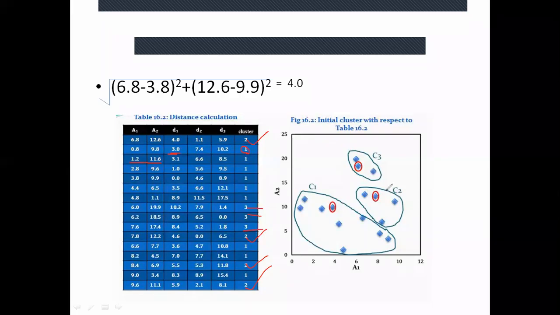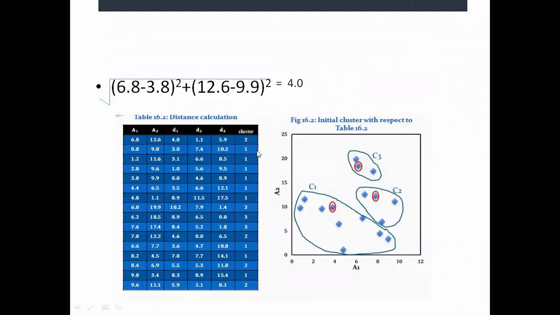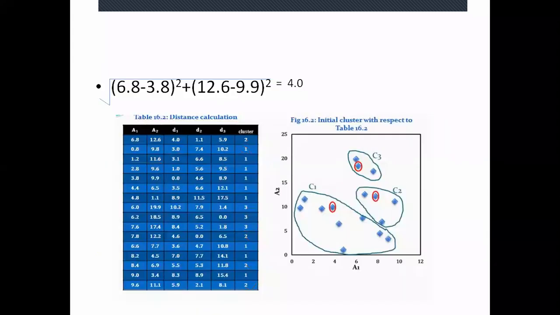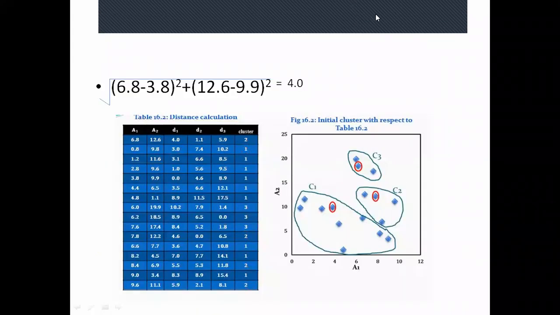It will change. Even the centroid of this will change, and even this one may change. Now, how do we find the new centroids? For that, what we need to find out, suppose I'm taking C3.